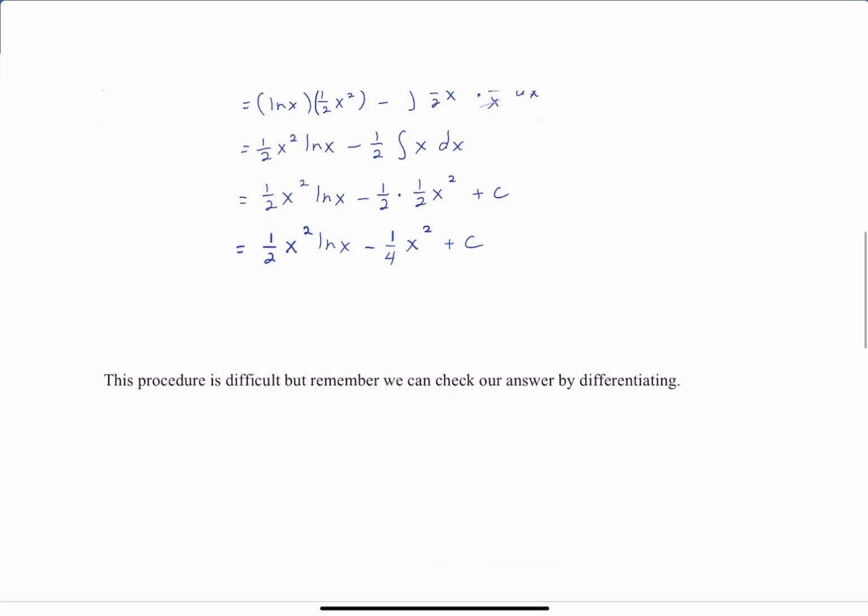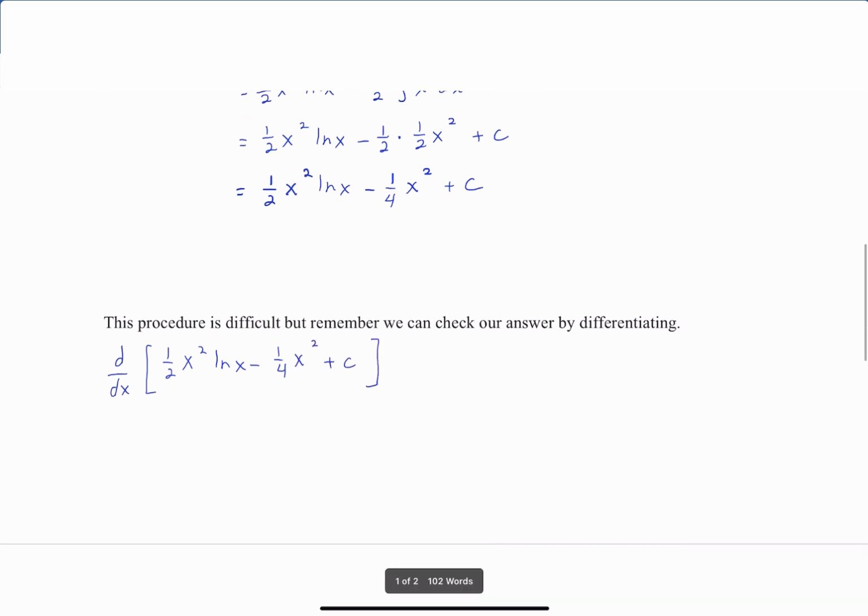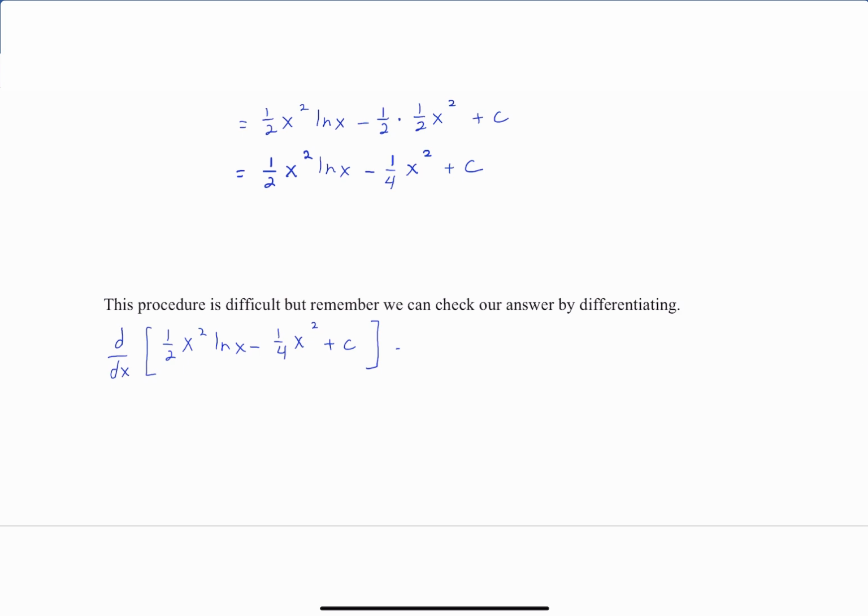Let's try it and make sure. To differentiate the 1/2 x squared ln of x, I need the product rule.